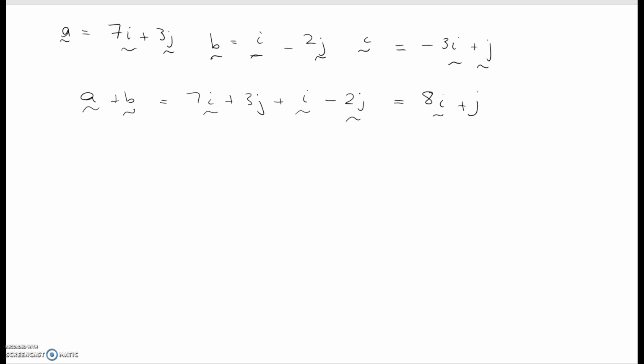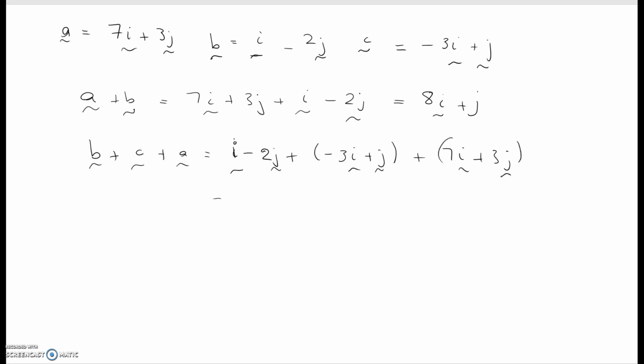And we could find b plus c plus a, because there's no reason we can't do three, so it would be i minus 2j plus -3i plus j plus 7i plus 3j.